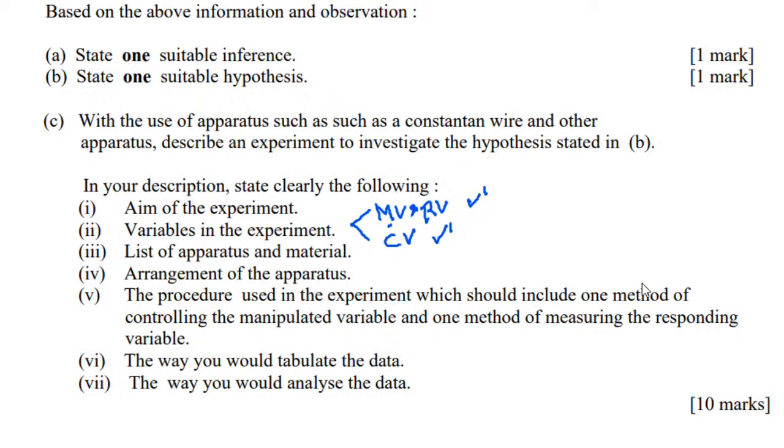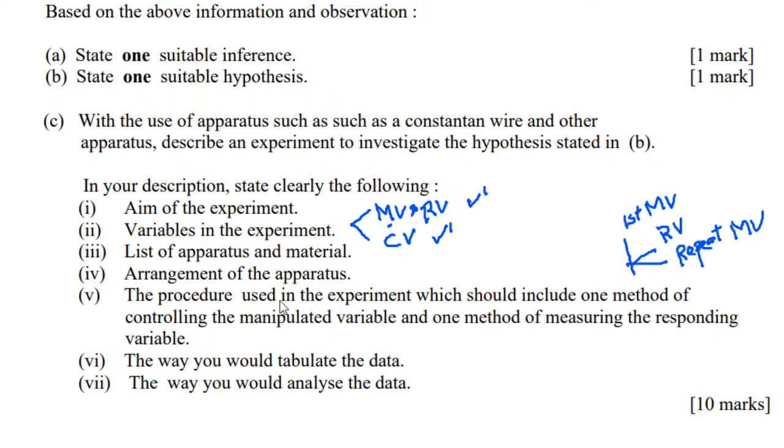Okay, procedure, there will be 3 marks for the procedure. The first mark will be your first MV value, manipulated variable value, and then the second mark will be how you measure your responding variable, and then mark number 3 will be the repeat, which means that you repeat your MV, the manipulated variable.